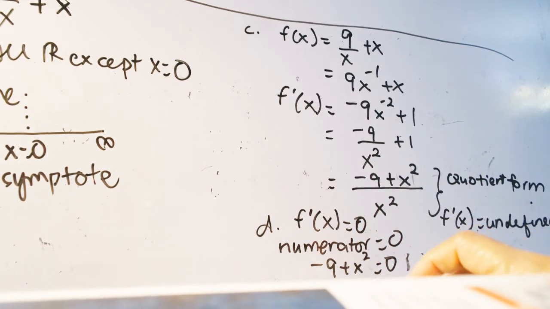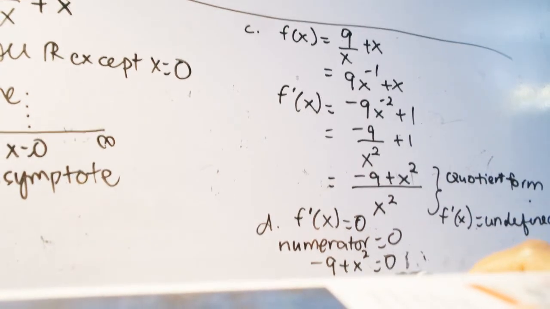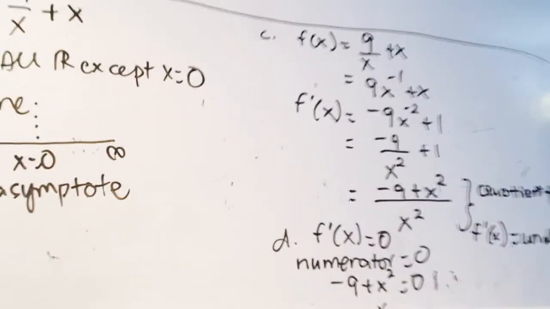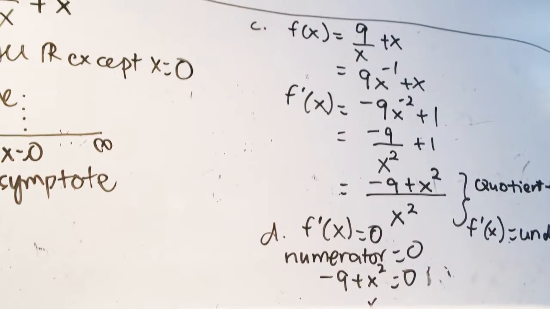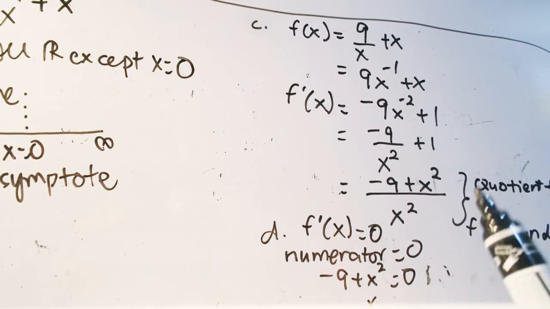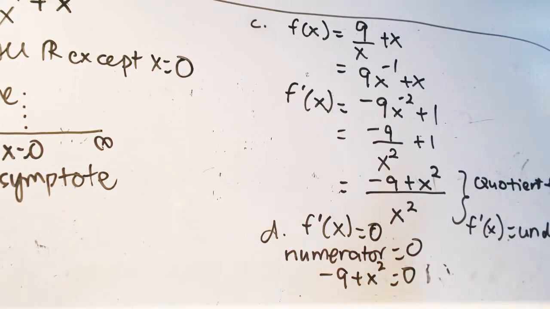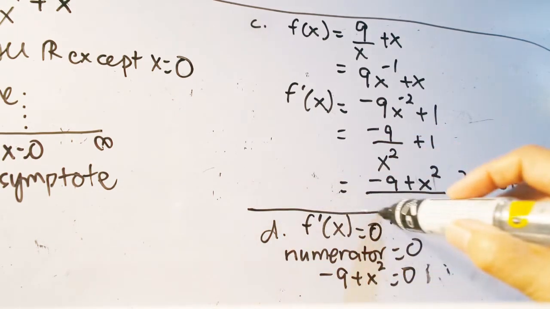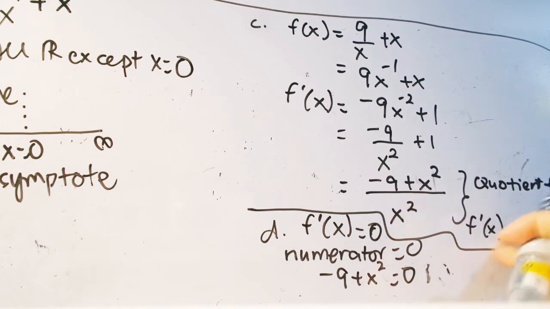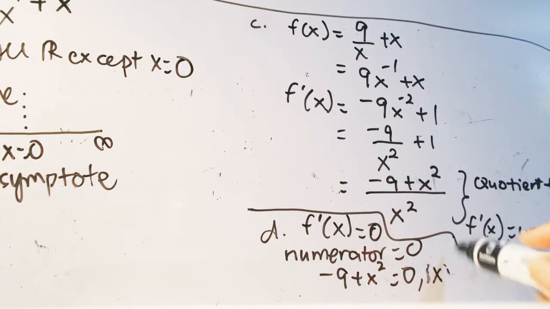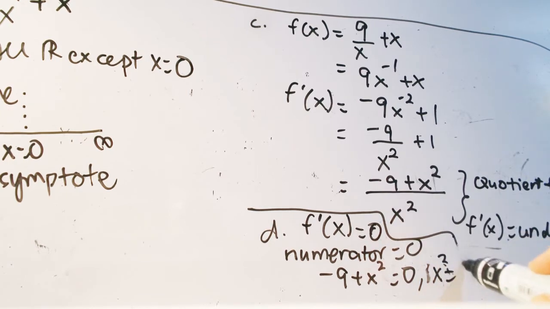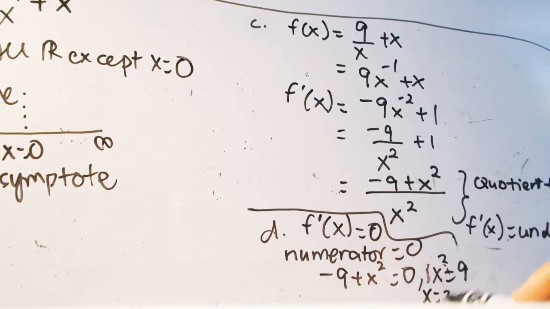So x squared equals 9, x equals 3, x equals minus 3.